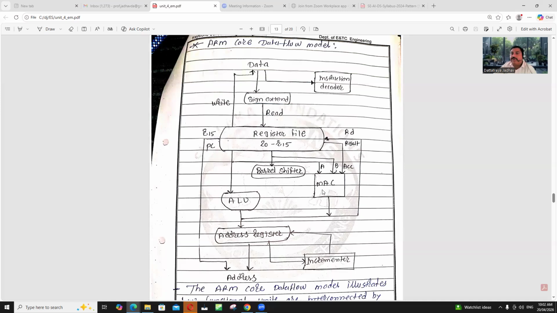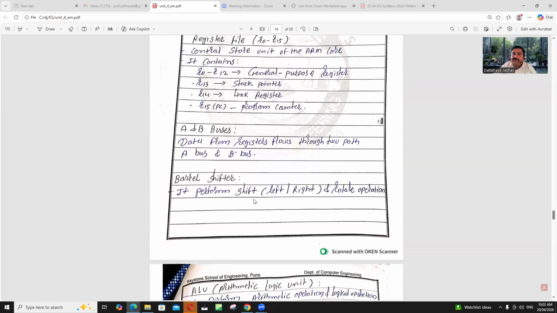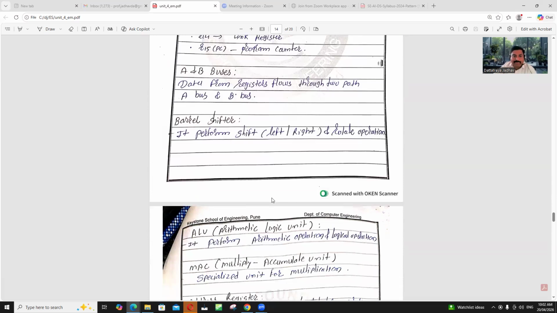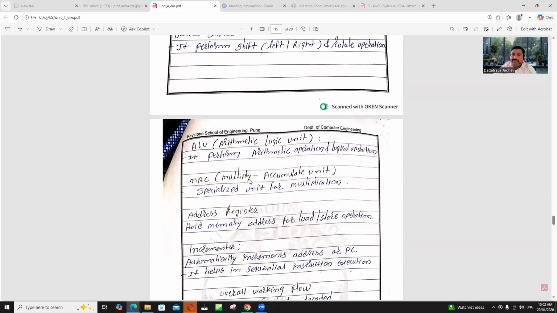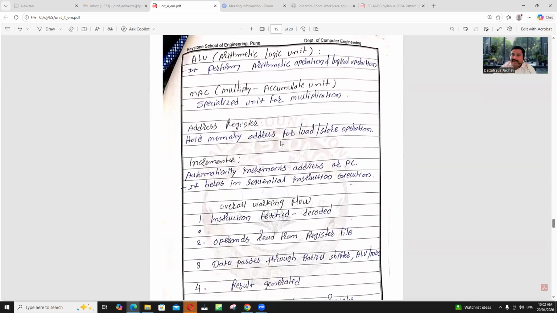Then the barrel shifter performs shift left, shift right, and rotate operations on the data bits. The ALU performs arithmetic and logical operations. The MAC is the multiply accumulate unit, specific for multiplication. The address register holds the memory addresses for load and store.